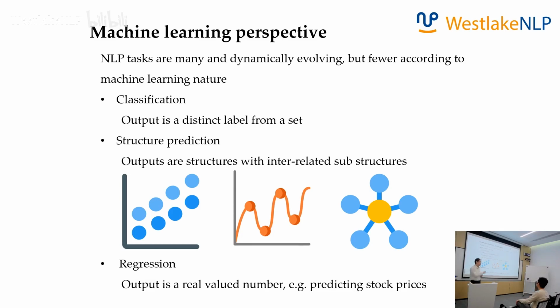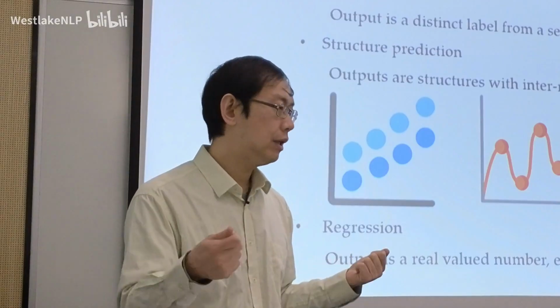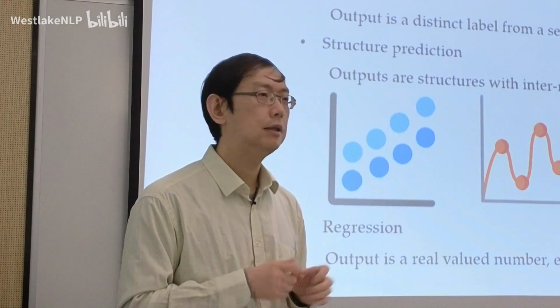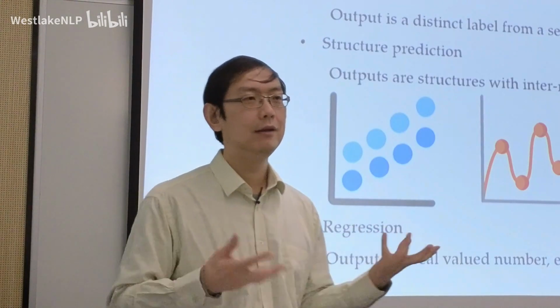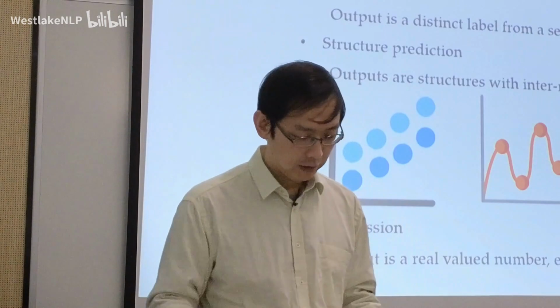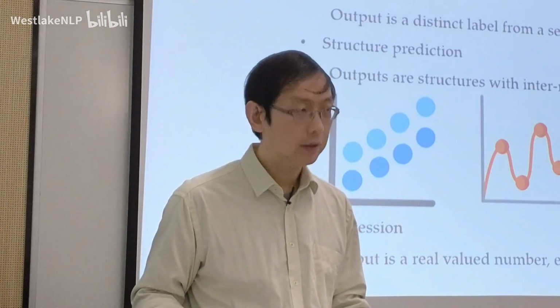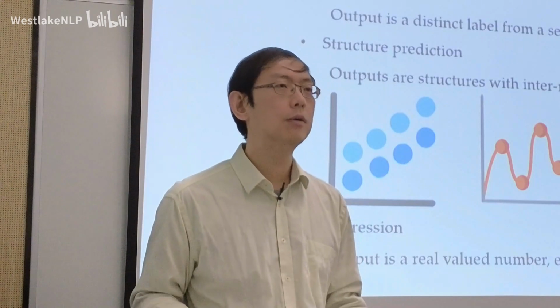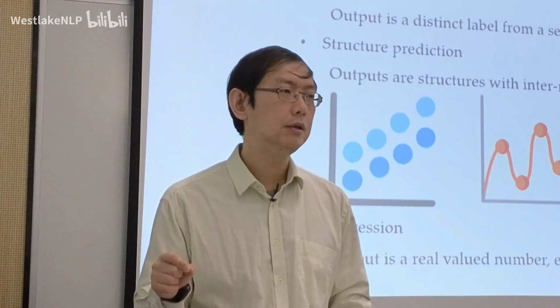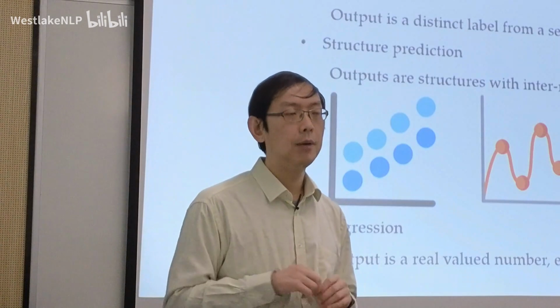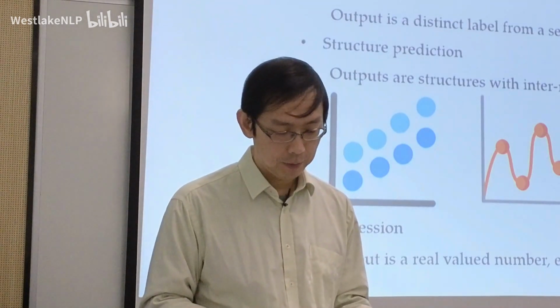The output is one of a few classes, right? So structured prediction tasks. You're given a text. You want to know the structure, the syntactic structure or the semantic structure. These are called structured prediction tasks, okay? Actually, text generation is another structured prediction task because the sentence is a structure. It's not one of the isolated classes. Regression tasks. For example, stock prediction, you predict the price. This is a regression task where the output is a number rather than a discrete label.